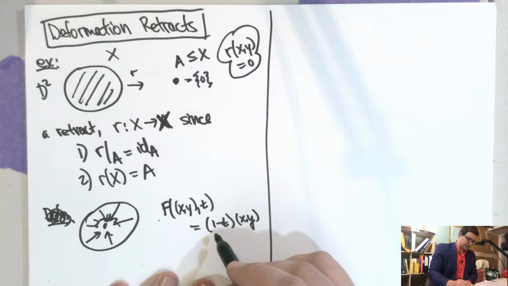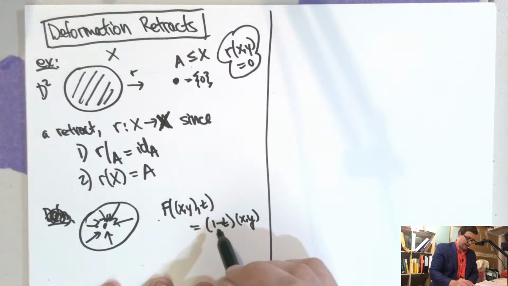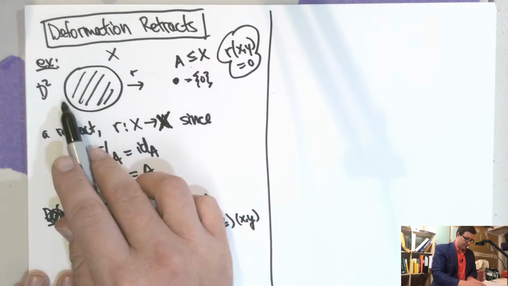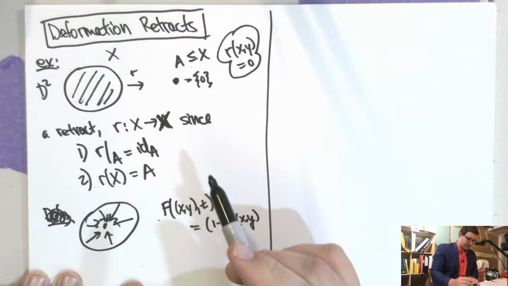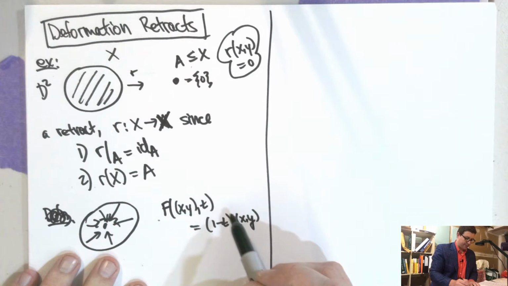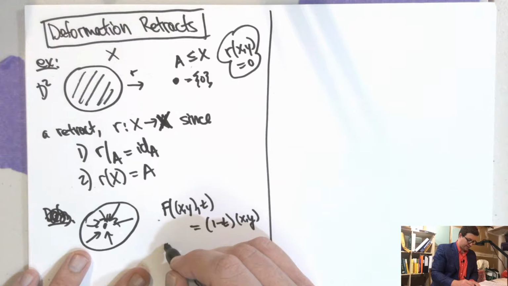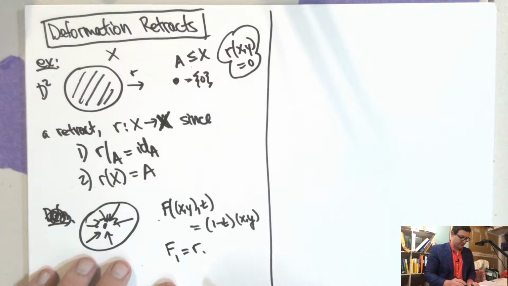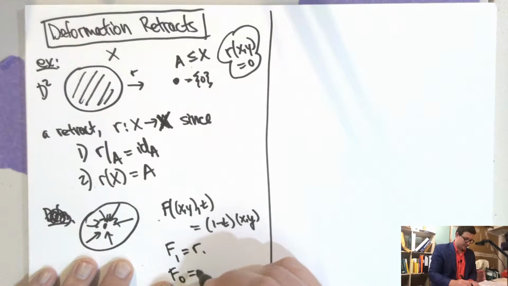Okay, so this is a scalar, this is a vector, right? And as t gets bigger, it shrinks and shrinks. So we have a bunch of maps, and you'll note that F of 1 is R, and F of 0 is the identity.